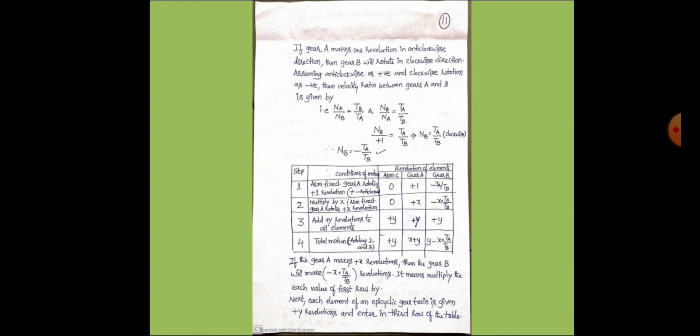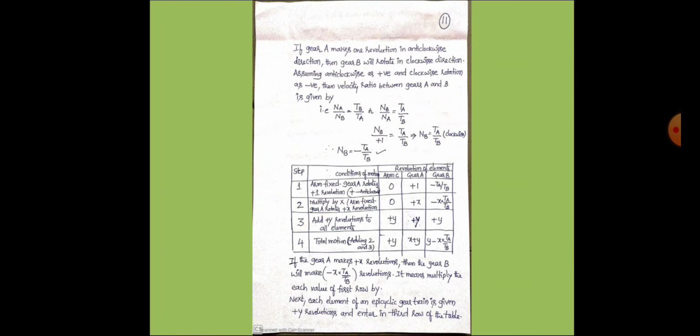Please understand, I am repeating once again. Initially, in the tabular method, among all the elements in a given epicyclic gear train, one of the elements is to be fixed, preferably the arm. So here, arm C is fixed. After fixing it, I should give one of the gears, gear A, one revolution in the anti-clockwise direction.